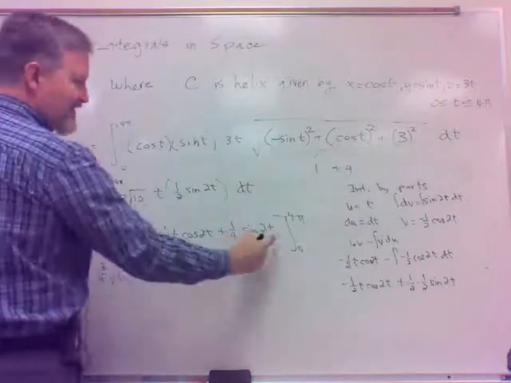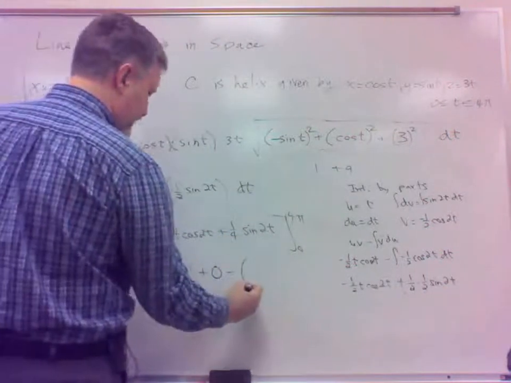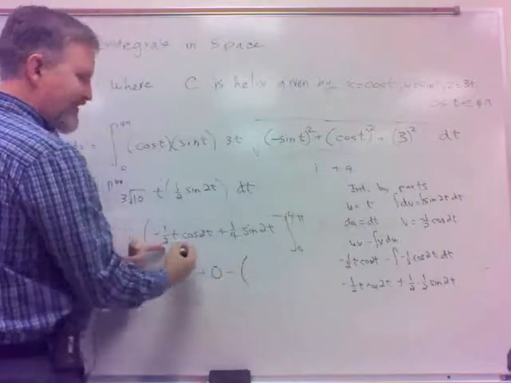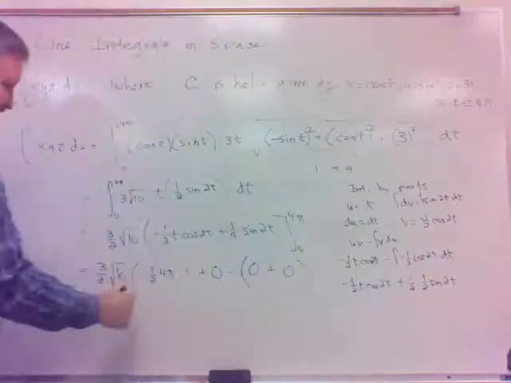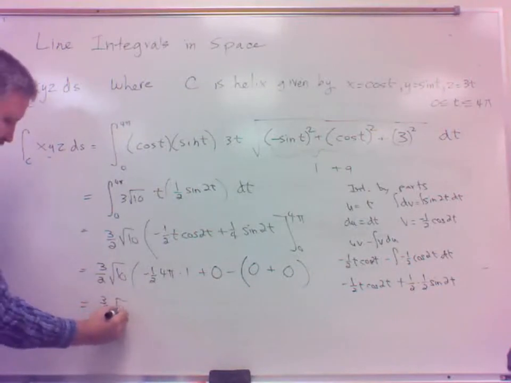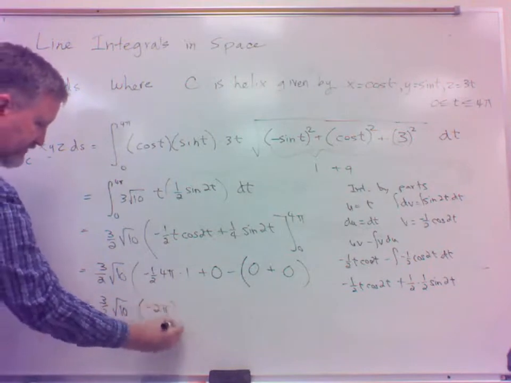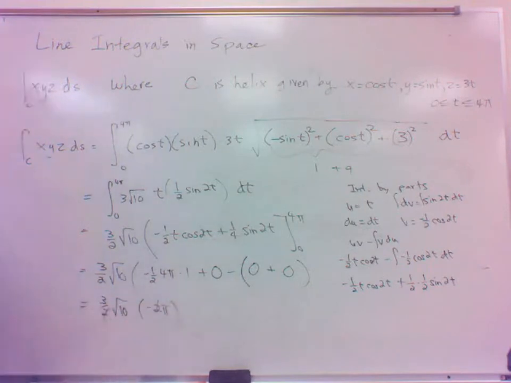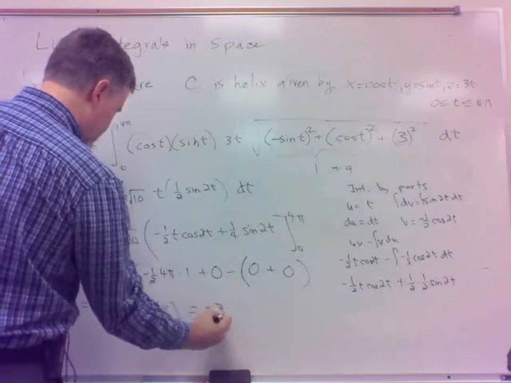Yeah, the sine of 8 pi is 0. All right, and then subtract, plug in 0. Well, you have 1/2 times 0, and then 0. So it's basically 3/2 square root of 10 times negative 2 pi, which the 2's cancel, so you have negative 3 square root of 10 pi.